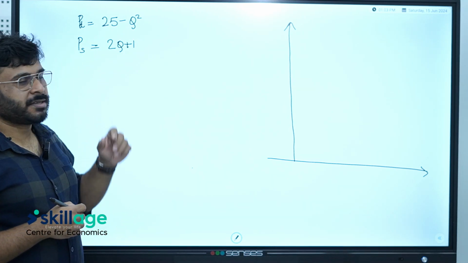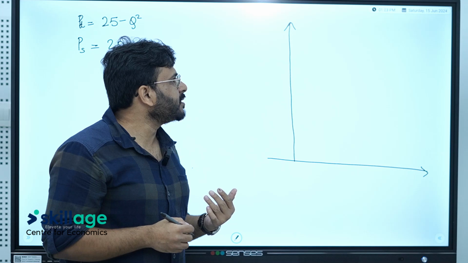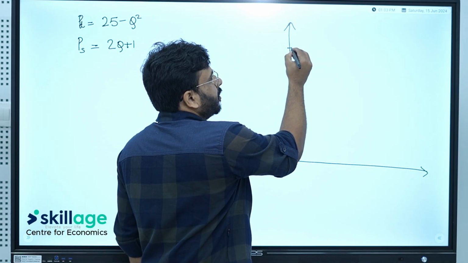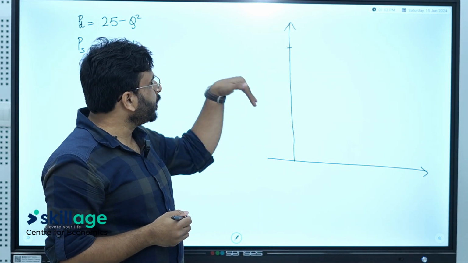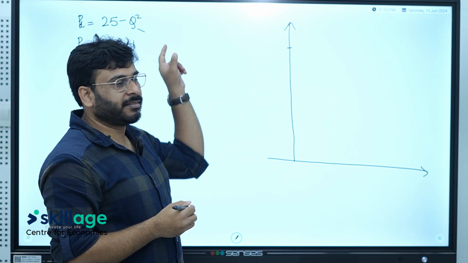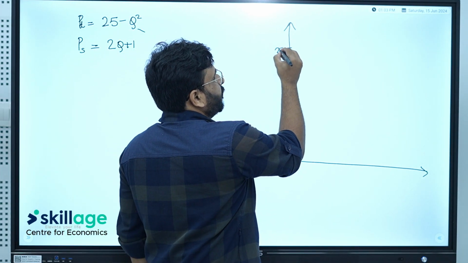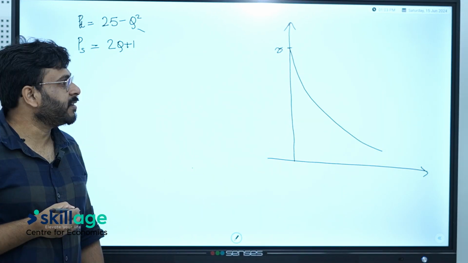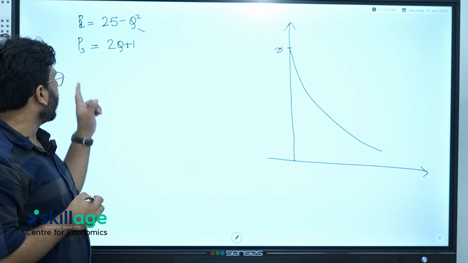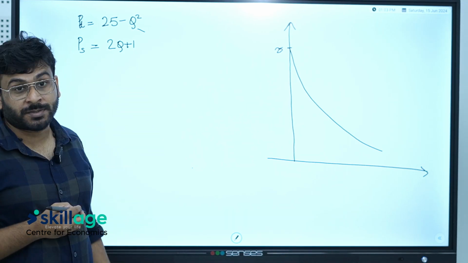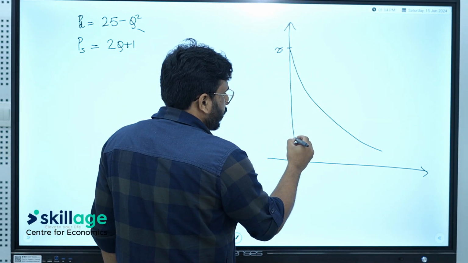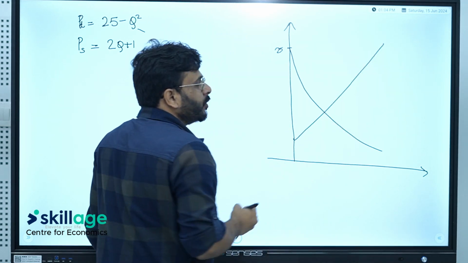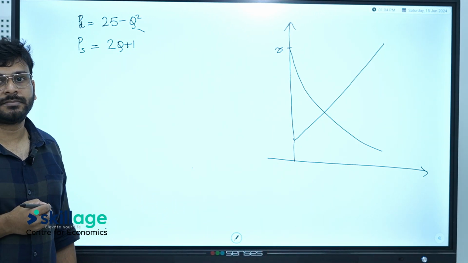Now if you just look at this, 25 minus q square is nothing but a downward sloping curve which is not linear, okay. It starts at 25 and it is a non-linear line, right. On the other hand, you have a supply function which is 2q plus 1, which is nothing but your upward sloping curve, okay.